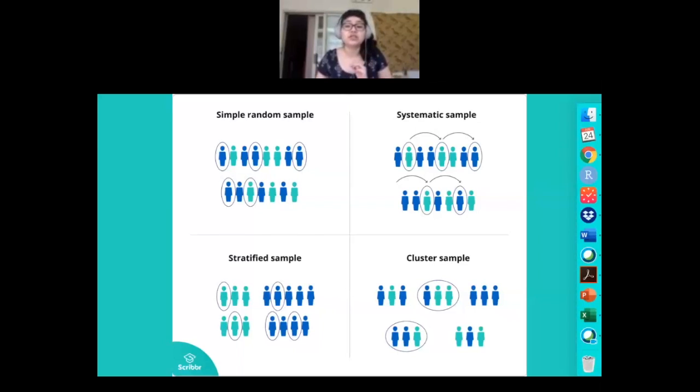But there's one danger in that if these people are flowing into your research in a specific way, like in a specific time or seasonal way, then you're going to get errors within that. If there's a pattern behind how people are flowing into your study and you're only taking every 3, then you might be replicating or taking only a certain aspect of that pattern.